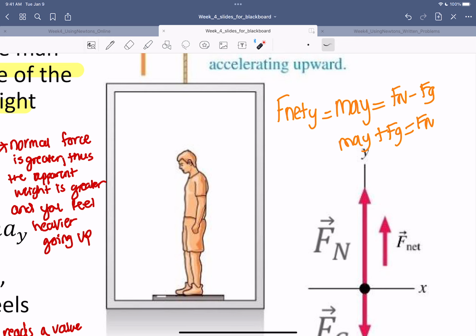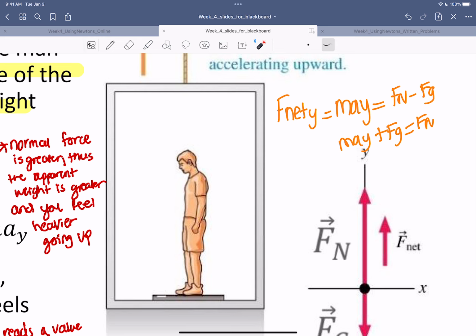So when I'm looking at apparent weight, I'm concerned with the normal force. So if I have a net force upwards, I have a positive net force, I can add over the Fg, and that shows me that if I'm traveling upwards, positive acceleration, net force upwards, then based on my equation, my normal force is actually greater than the force of gravity. Because if this was, well, I don't want to give values because then it would just make sense automatically.